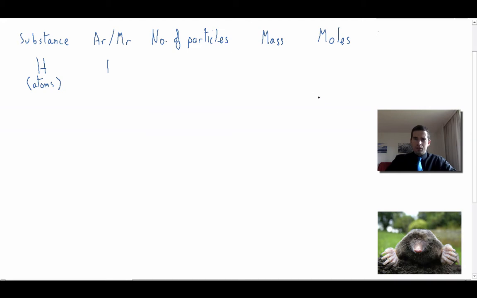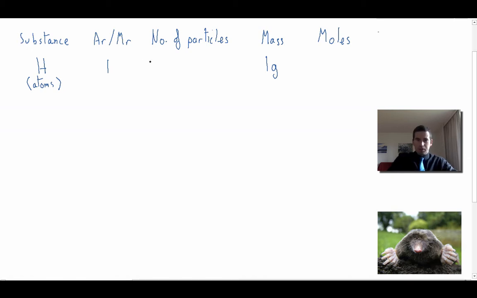So, how can we get 1 gram of hydrogen? Now, Avogadro was a very clever guy, and he worked out how many particles, in this case of hydrogen, would be needed to have 1 gram of hydrogen.